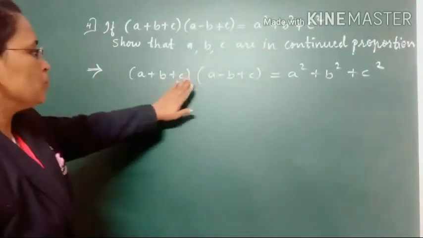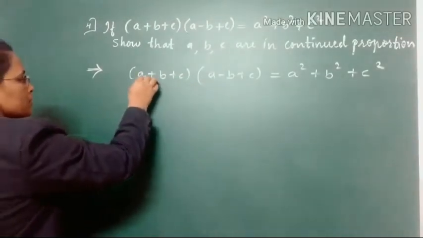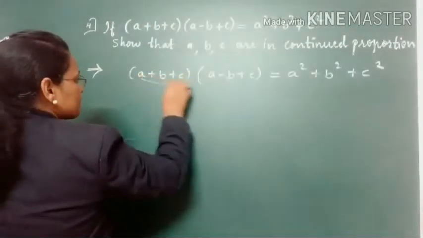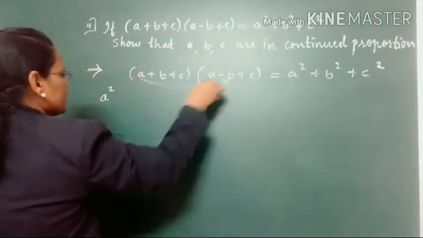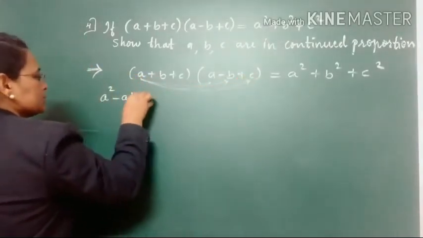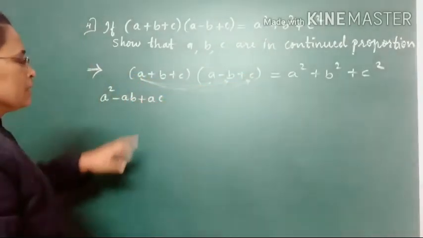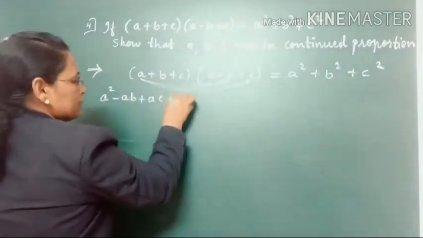Multiplication we have to do. A into A, that is A square. A into negative B, that is negative AB, and A into C, that is plus AC. Similarly, B into A, that is AB.